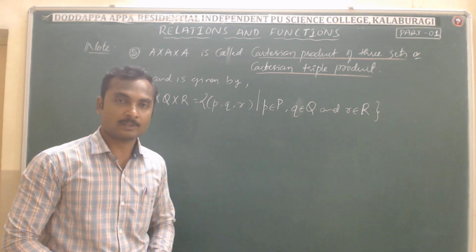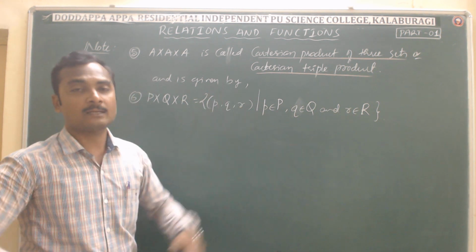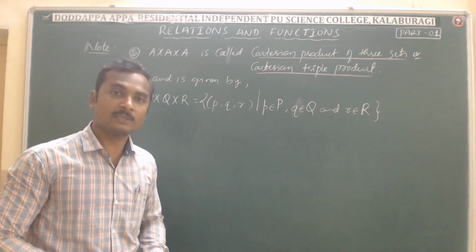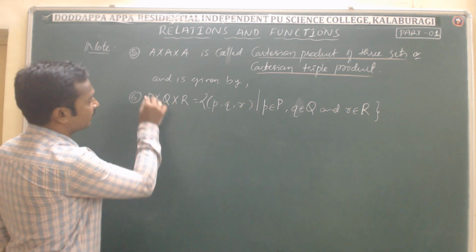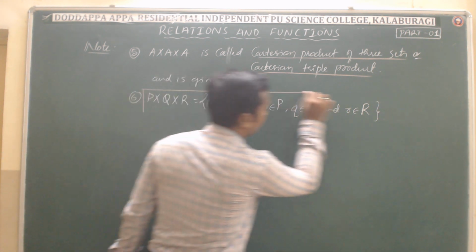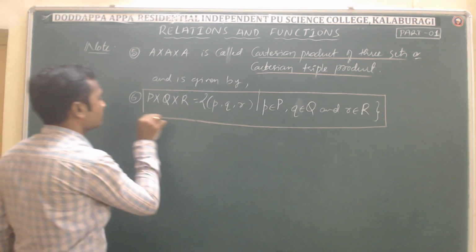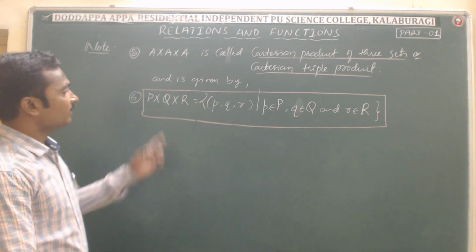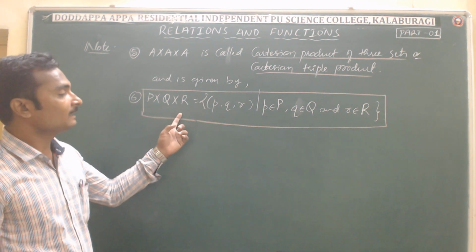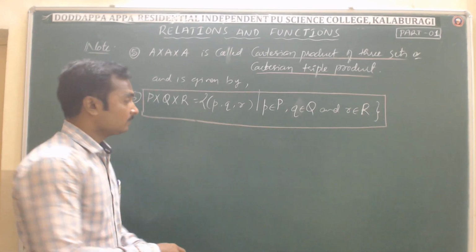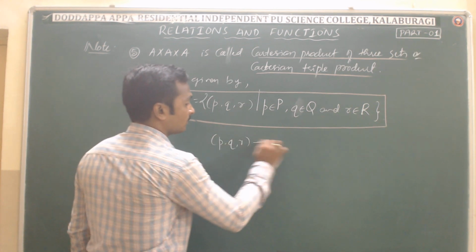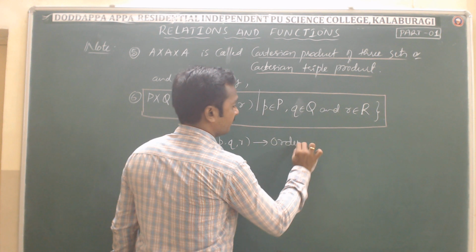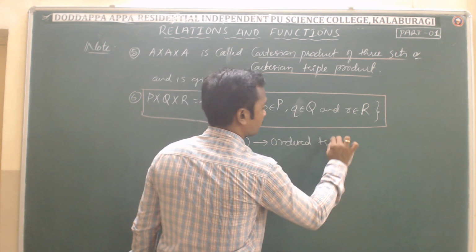And how do we find the Cartesian triple product of any three sets? It is given by P cross Q cross R, containing the ordered triplets.